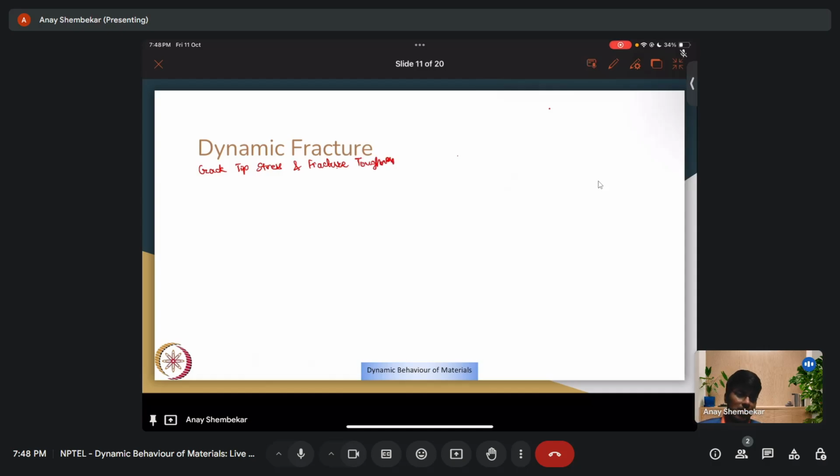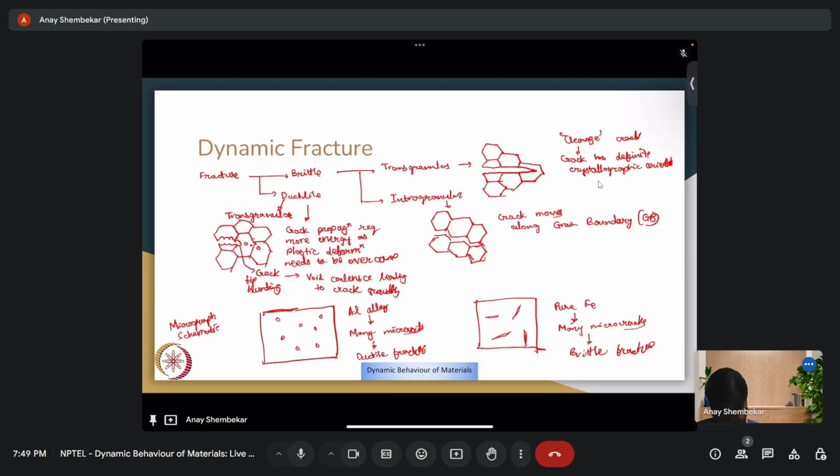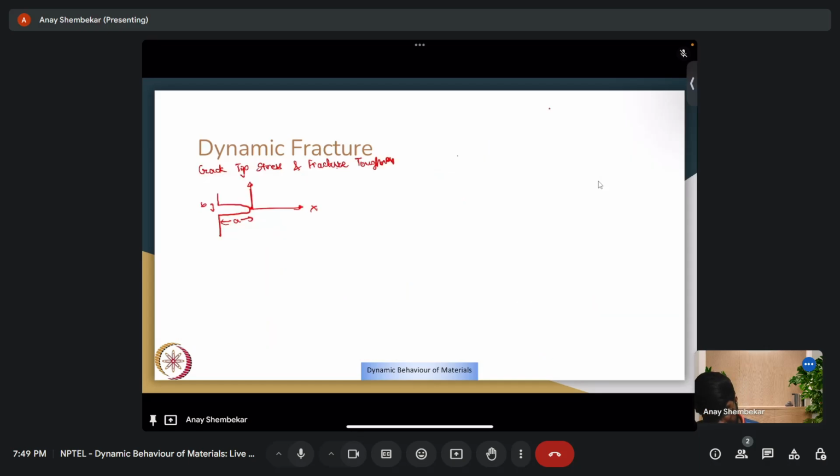So suppose we are trying to open up a crack, which is a mode 1 fracture. It's an elliptical crack with semi-major axis as A and semi-minor axis as B. Suppose this is my origin and this is X and Y. I can plot how stress looks like. So this will be sigma 1 1 and this will be sigma 2 2.